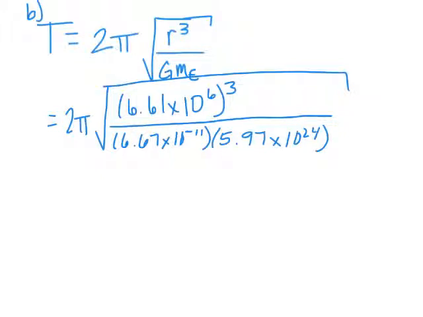And remember, if you need help typing on your calculator, come in and I'll work with you on getting those parentheses in the correct spot, or show you how to break it down into smaller chunks and we can write out all the steps. But you should be able to calculate a period of 5.35 times 10 to the third seconds.